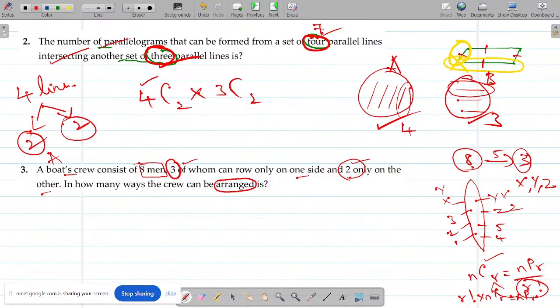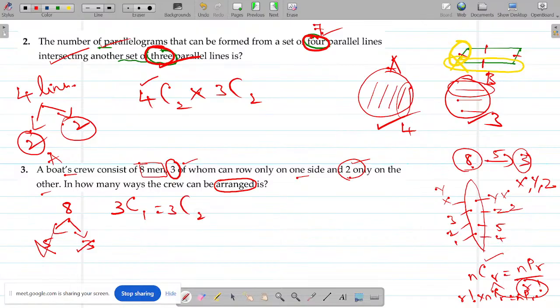Yes, tell me, how many are in total? 8. From this, we group 5 separately and this 3 separately. We are not going to worry about this 5 because already they are fixed. We are going to worry about this 3 only. From this 3, we already know that 3C1 is equal to 3C2.